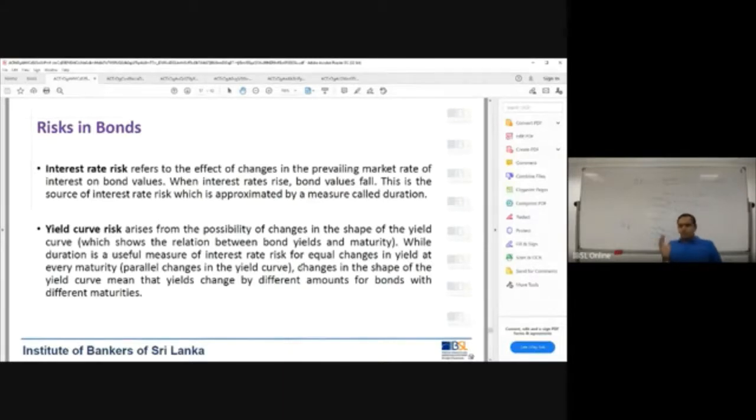Now, there is nothing that says that when yield curves change across different tenors, the change will be the same, right? So it doesn't mean that the 1-year bond and the 5-year bond will both move up by 1%. It doesn't happen that way. Maybe the 1-year bond might go up by 1%, and the 5-year bond might go up by 2%. There can be changes. It doesn't go up parallel, not always.